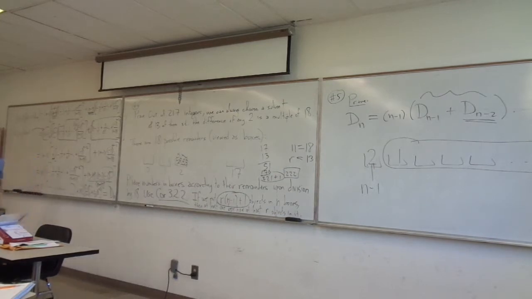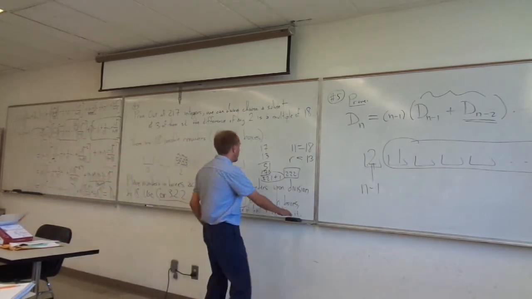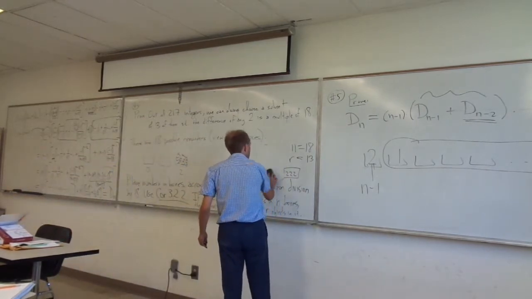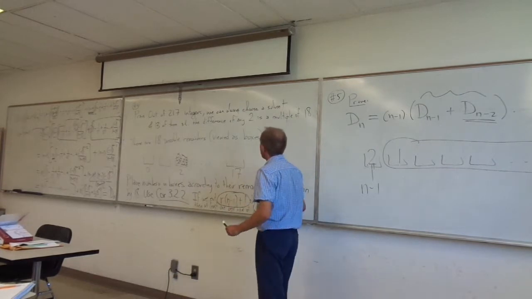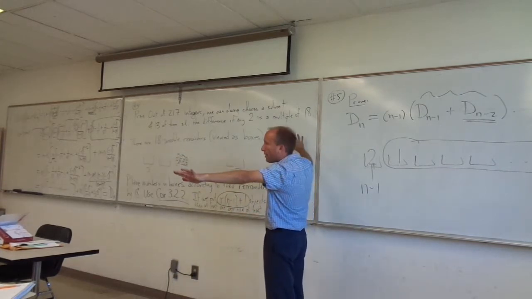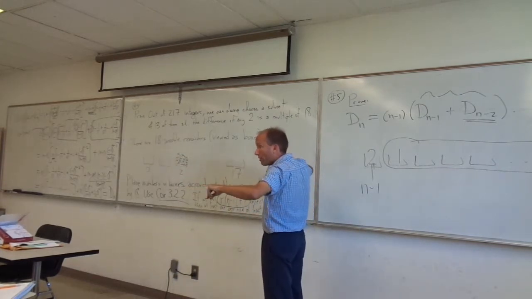Is that enough objects? Oh, no, I'm doing this backwards. I'm sorry, the worst case scenario would be if there were 12 objects in every box.